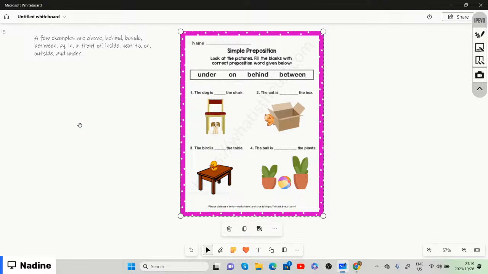Is the dog under, on, behind, or between the chair? All right. So if we look at the first one, we can say the dog is under. So under.